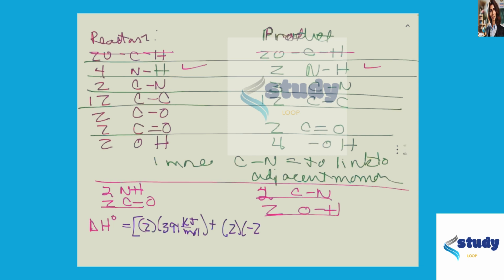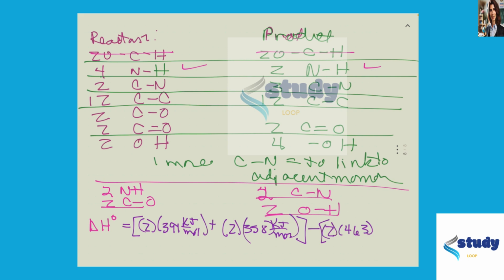Let me get back to a different problem here. I want to make sure I've got the right values. Okay, 2 times 391. And then my next one is going to be 2 times my C double bond, or C bond O, is 358 kilojoules per mole.